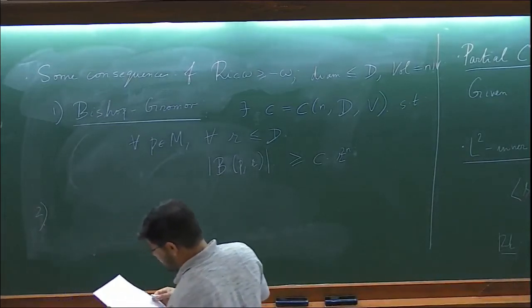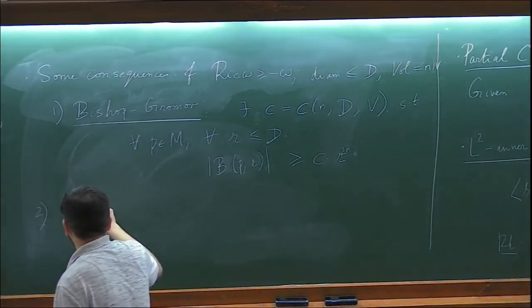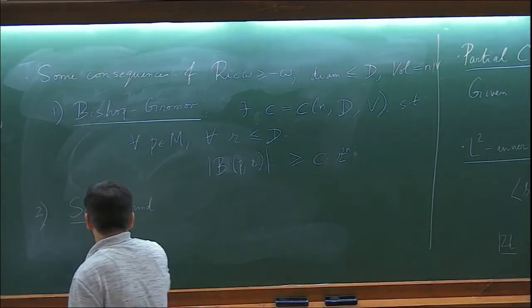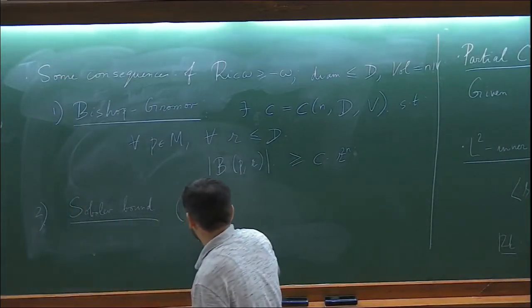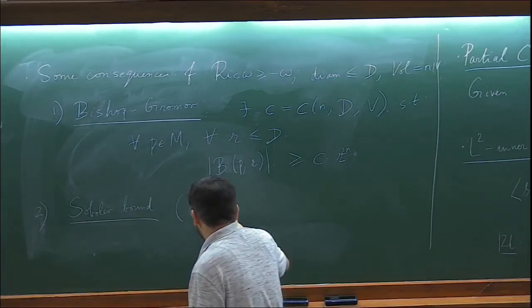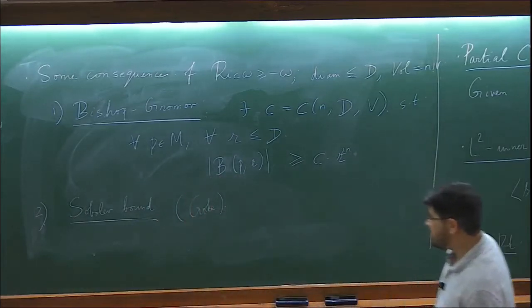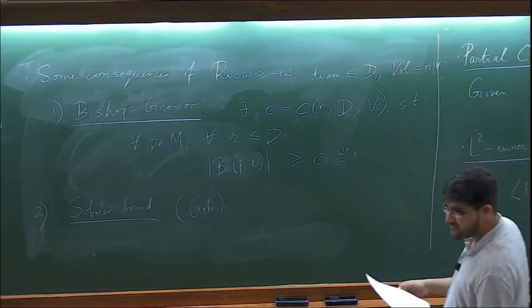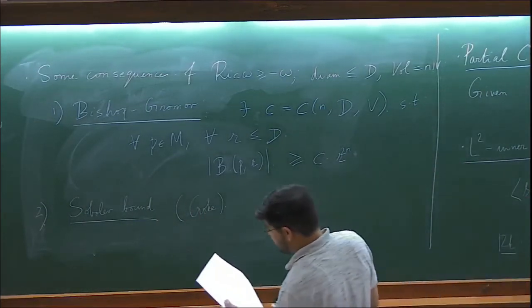The second thing we need is the so-called uniform Sobolev bound. This is probably due to a lot of people, but the standard reference is due to Croke. If you have a Ricci lower bound, you have a bound on the Sobolev constant.